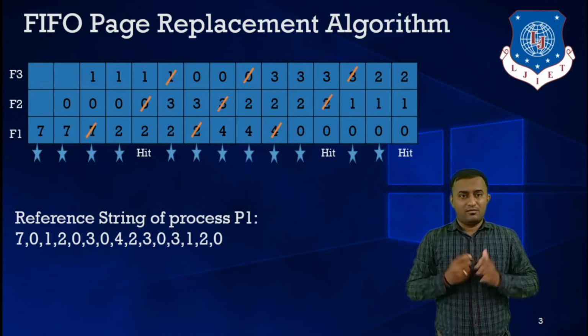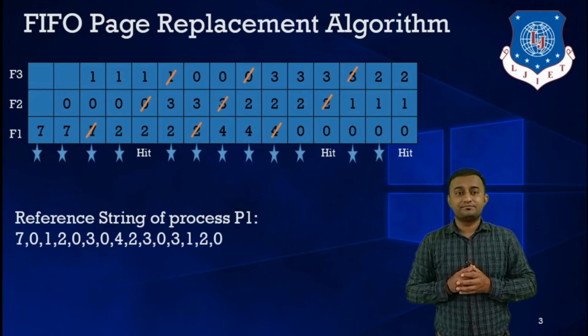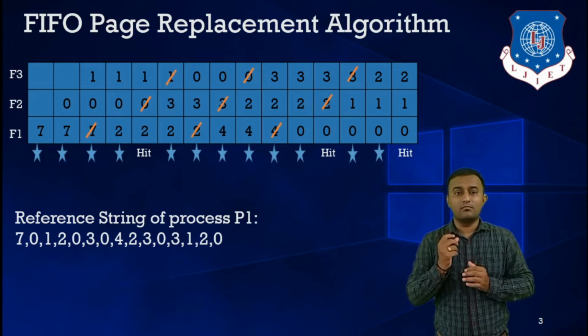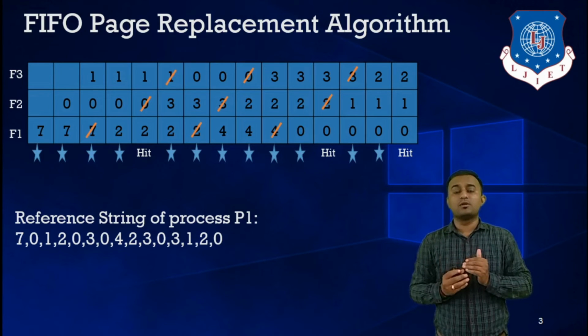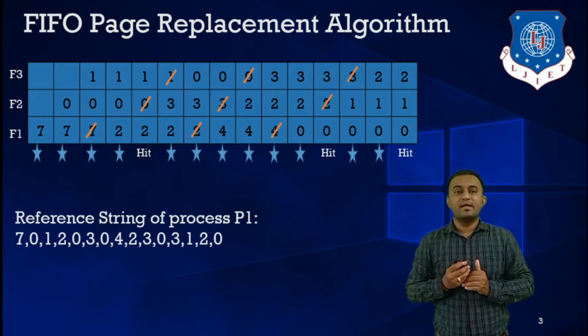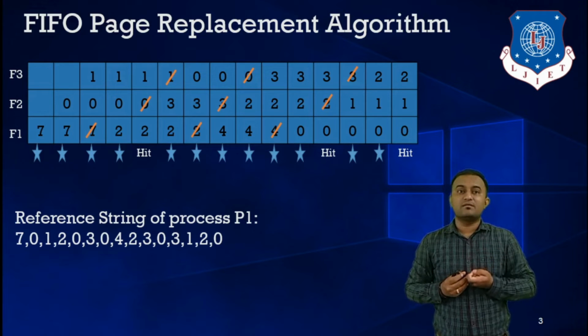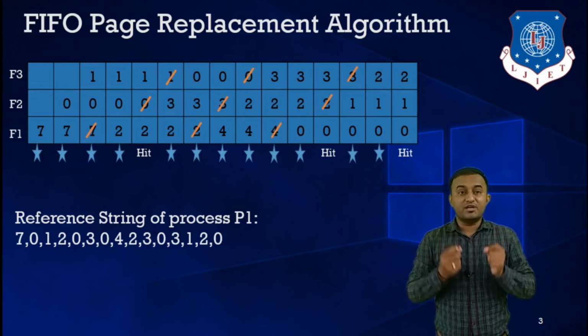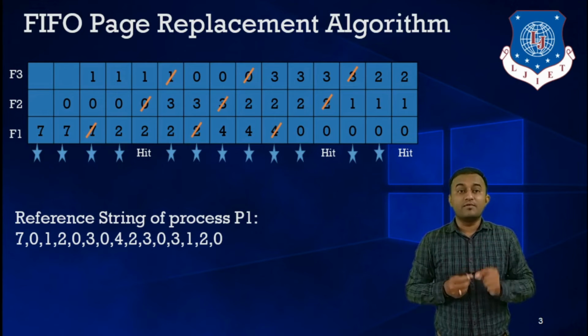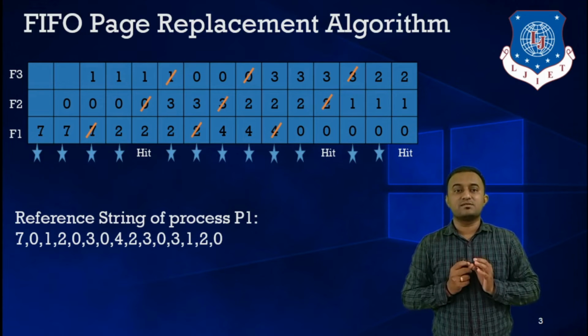So what will happen in this case? If you want to load these pages, at the same time you have to concentrate on which algorithm we are using for page replacement: first in first out. It means the senior most page we need to consider for replacement first.